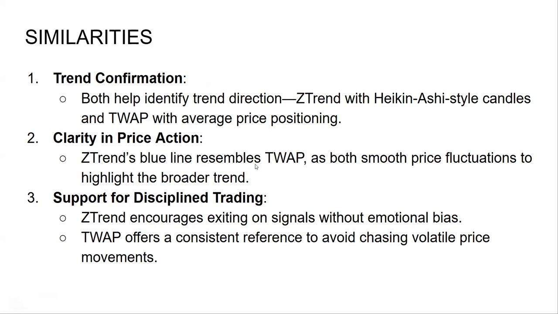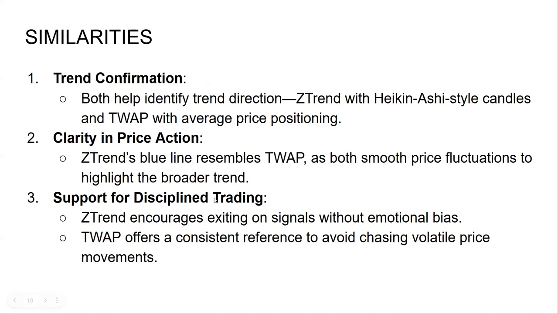Z trend's blue line resembles TWAP. For example, if you use only ordinary Heikin-Ashi candles, you will not get the actual price. Whereas in Z trend, it plots a blue line, which is the actual closing price. And it resembles the TWAP as both smooth price fluctuation to highlight the broader trend.